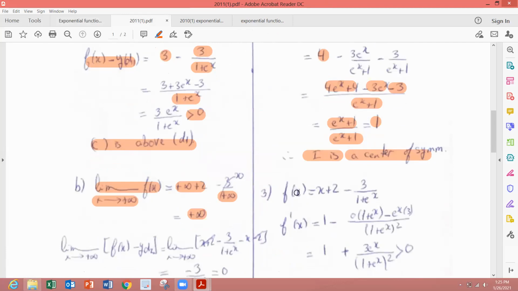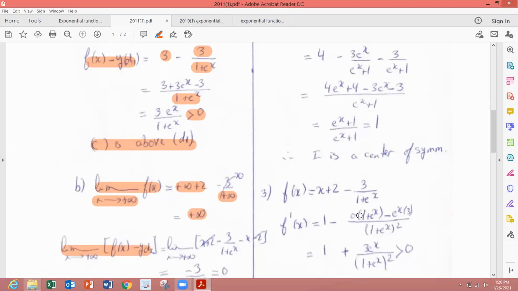So this is f(x), x plus 2 minus 3 over 1 plus e^x. Now the derivative of x is 1. So f prime x is 1 minus, this is u over v. What is the form of u over v? u prime v minus v prime u over v squared. The derivative of 3 is 0.